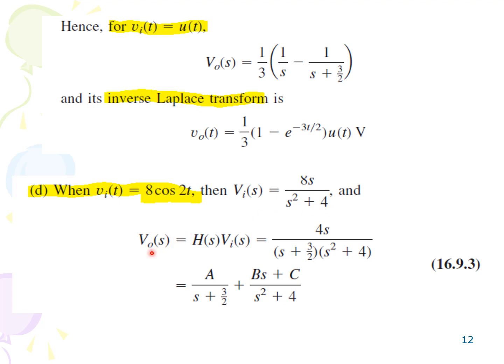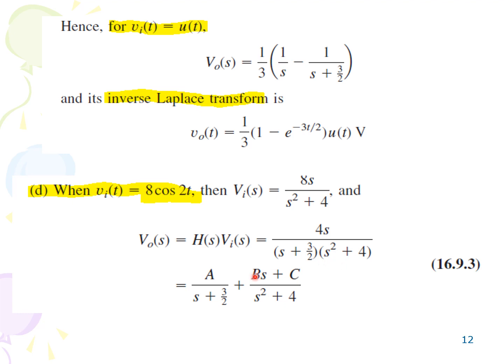And so we can find the output voltage in the s domain, just multiply the input voltage by the transfer function. The transfer function is already given in part B. So putting the values and multiplying both, we get 4s divided by s plus 3 by 2 into s square plus 4.